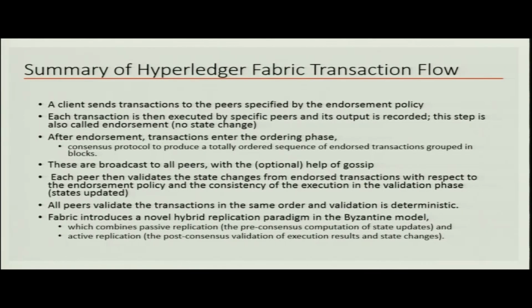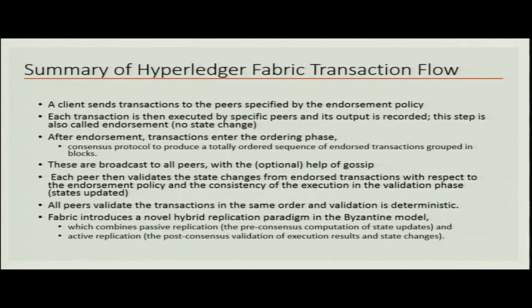The ones that are not correct will be marked as invalid transactions, and then all state changes for the valid transactions will be made, and that is what we call the states being updated. And the validation process is deterministic, because they know the endorsement policy. So they will check whether the endorsement is made properly according to the policy, and they will check the read write sets for the validity of the transactions.